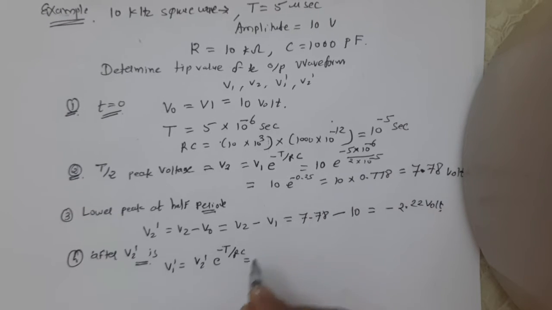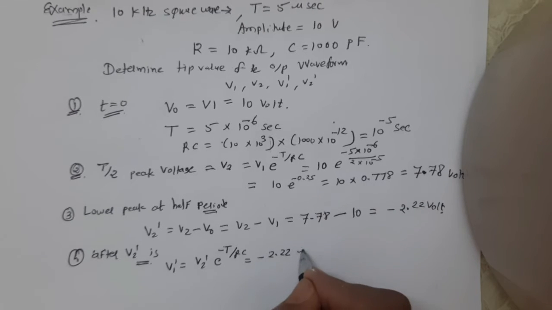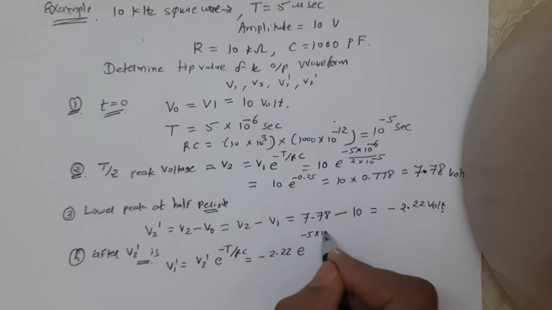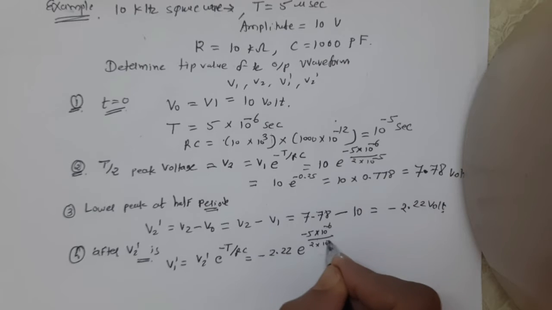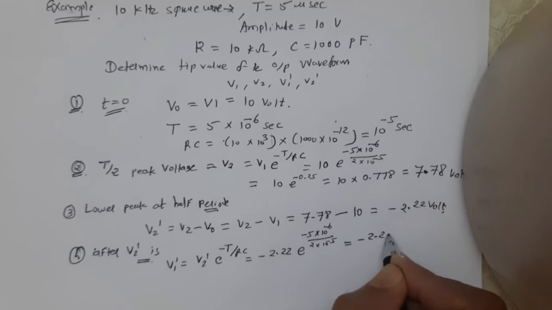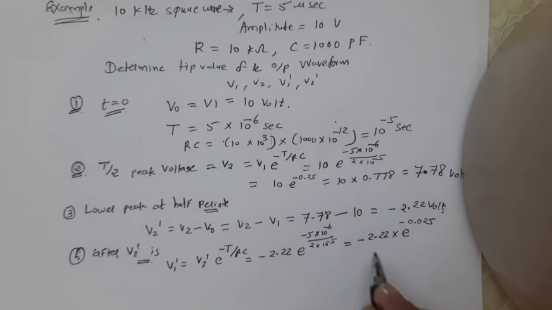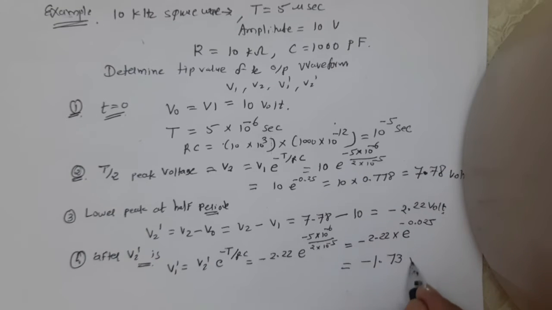This is equal to minus 2.22 e raised to minus 5 into 10 raised to minus 6 divided by RC, 2 into 10 raised to minus 5, and this is equal to minus 2.22 into e raised to minus 0.025, and this is equal to minus 1.73 volt.